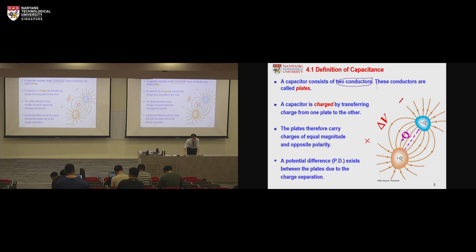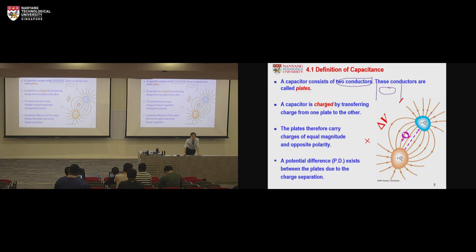You have two conductors, conductor 1, conductor 2, and in between is an insulator. Then this overall structure is a capacitor. So that's it. So you can see it's all about the material type and also the alignment of different materials.